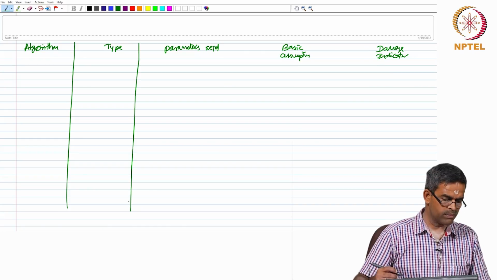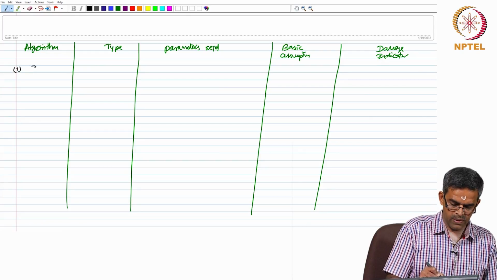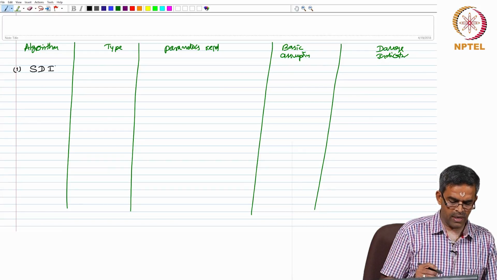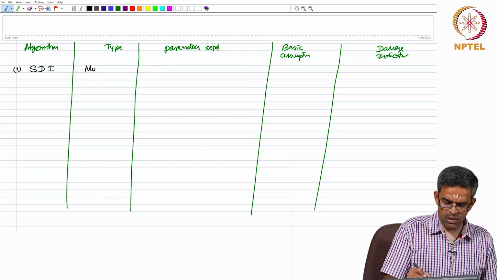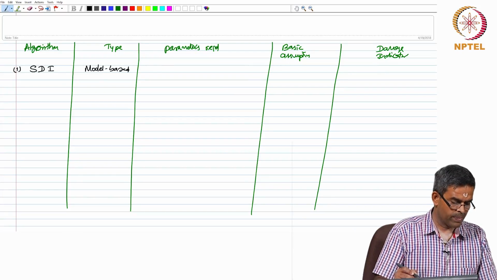Let us say the first algorithm we have seen is the single damage indicator, which is actually a modal based algorithm.